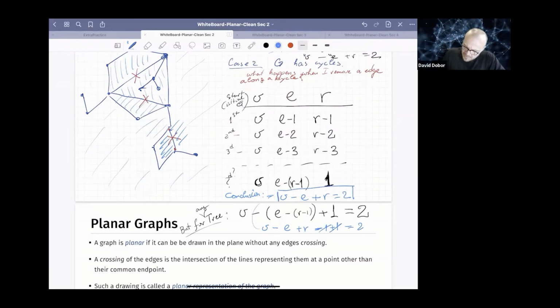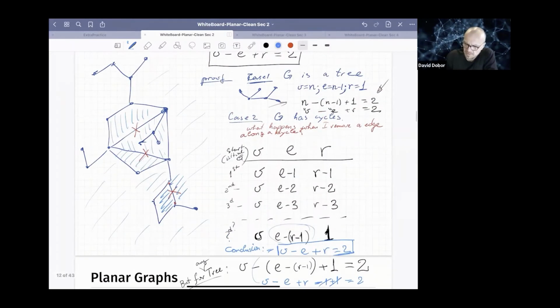Do people see that this must hold? This must hold because it holds for a tree, and we're down to a tree when you keep repeating this process. And for a tree, the number of vertices minus the number of edges plus 1 must be equal to 2, right? Because of the lemma that we proved before. Does that make sense to people?